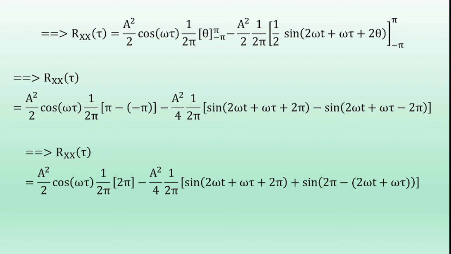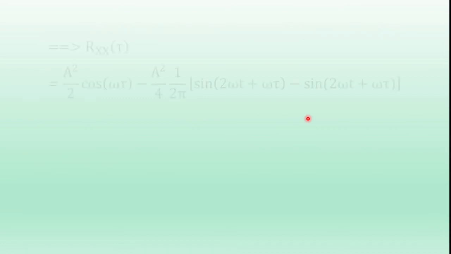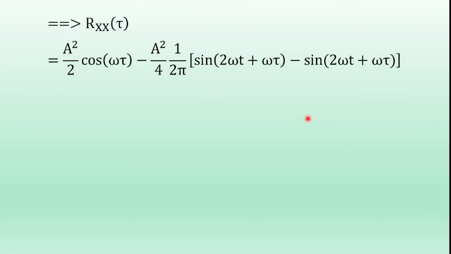A square by 4 into 1 by 2 pi, sin of 2 pi plus 2 omega t plus omega tau, that is sin of 2 omega t plus omega tau plus 2 pi, minus sin of 2 omega t plus omega tau minus 2 pi.